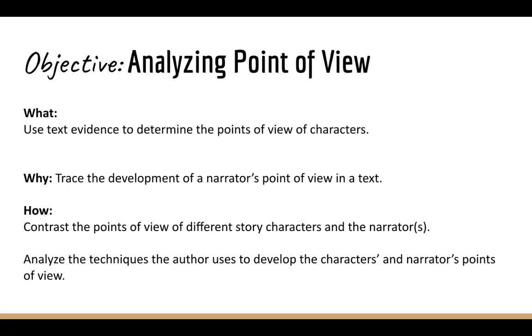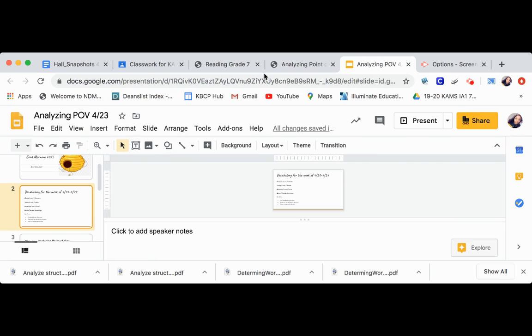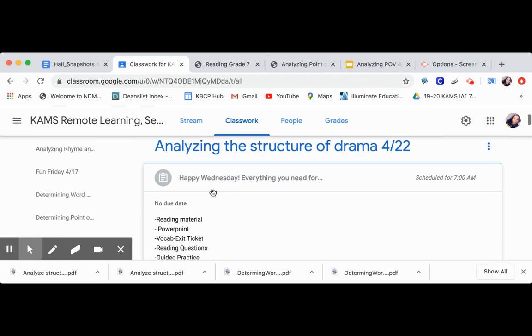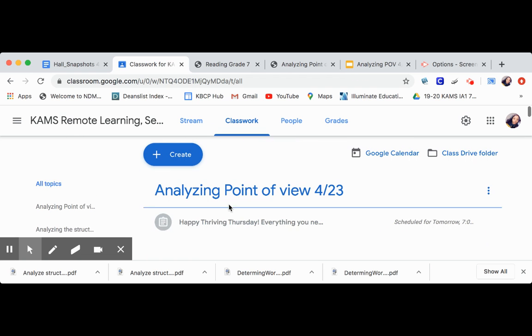And then analyze the techniques the author used to develop the characters and narrative's point of view. Okay, this is also your vocabulary words from Monday to today, which is Thursday. You already know that once you go to your material for Thursday, you will find everything that you need. Okay?